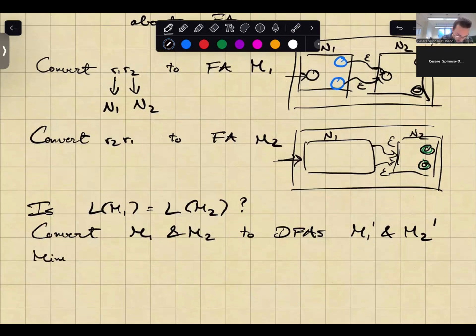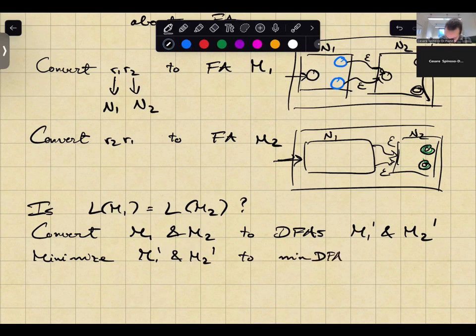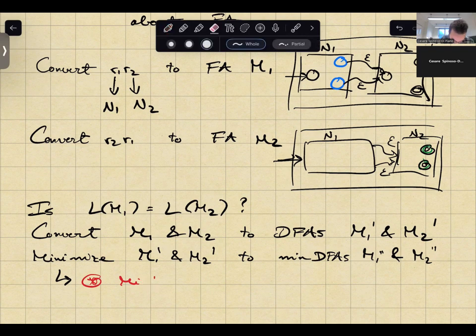So we're going to minimize M1 prime and M2 prime to minimal DFAs, M1 prime prime and M2 prime prime. And what's nice is minimal DFAs are unique. What does this mean?